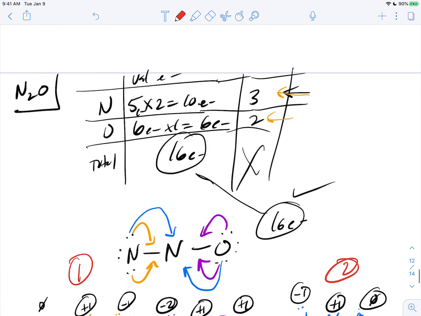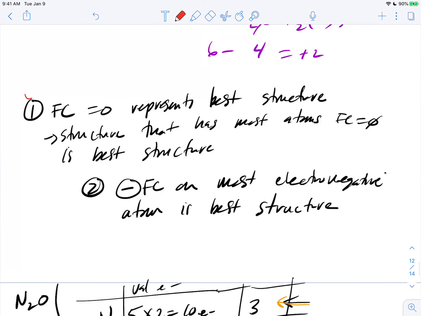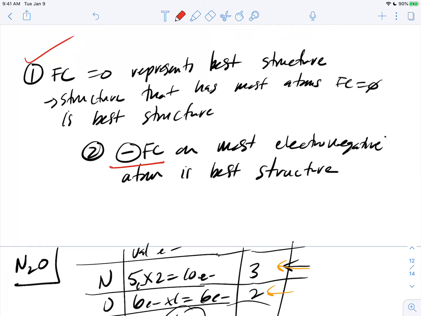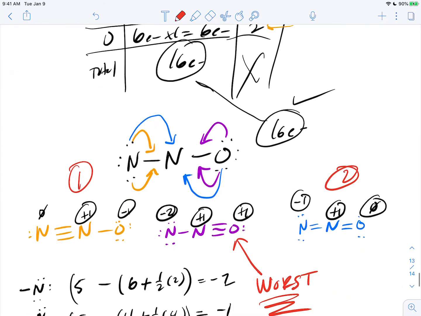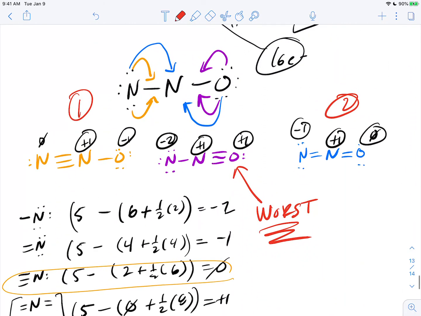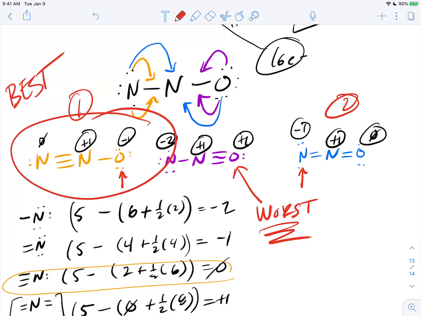Okay, so if you remember our rules, so now we have found 2 structures. They both have 1 atom of the formal charge of 0. So now I need to figure out the structure that has a negative formal charge on the most electronegative atom, which is going to be oxygen in this case. So this structure has the negative formal charge on nitrogen. This structure has a negative formal charge on oxygen, making this structure the best structure based on our rules.